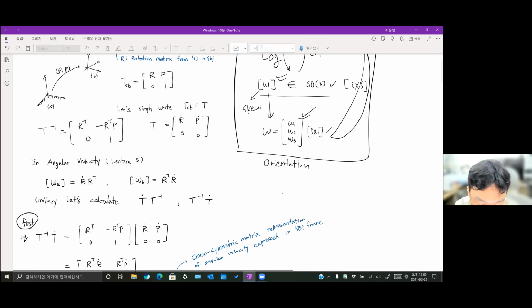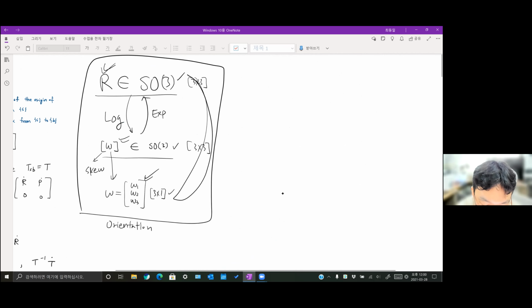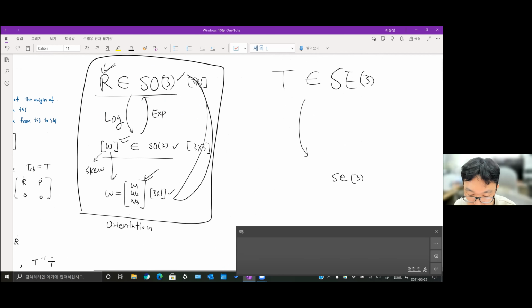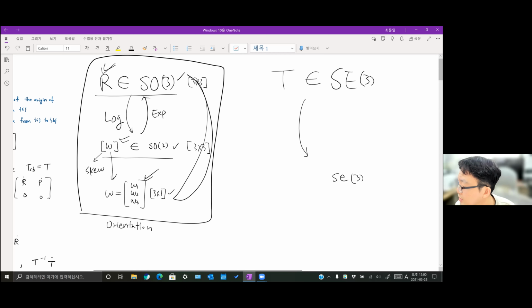And the other concept we learned was SE3. This one is large SE3. In this category, there is a homogeneous transformation matrix. And this can be converted to small SE3. Actually, this one we did not learn yet. Today we will learn about this one. What is this one?